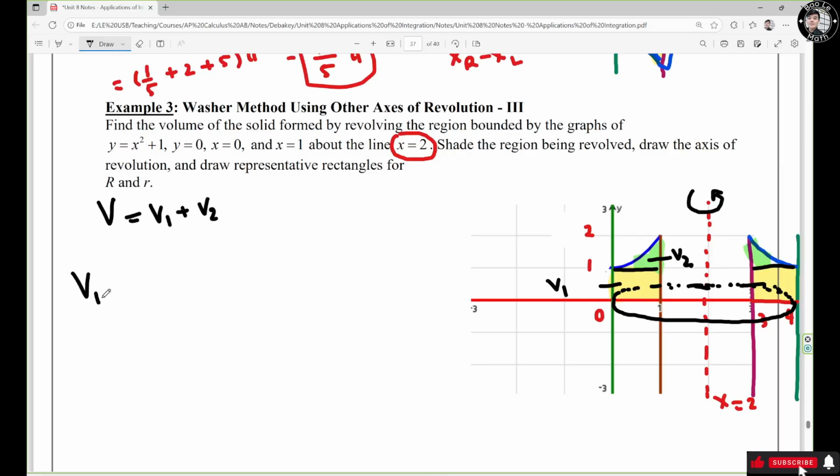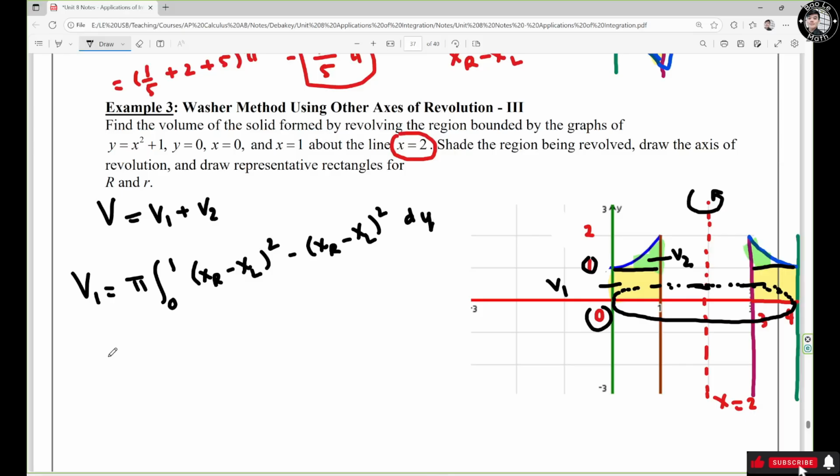Now, V1 is pi times the integral from 0 to 1 of s right subtract s left, square minus s right subtract s left square, dy.